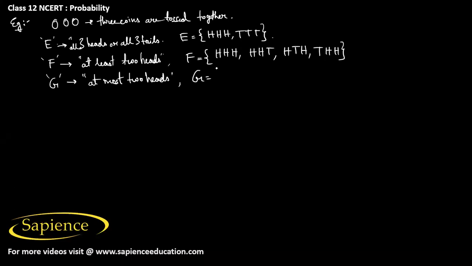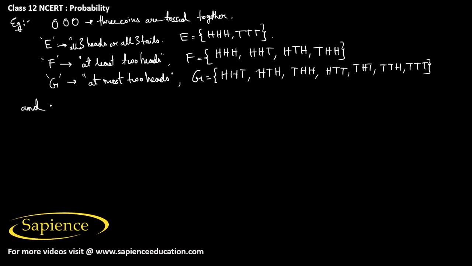It means the event G will contain the elements with at most two heads: HHT, HTH, THH, HTT, THT, TTH, and TTT. So we can get all three tails, or two tails, or one tail.